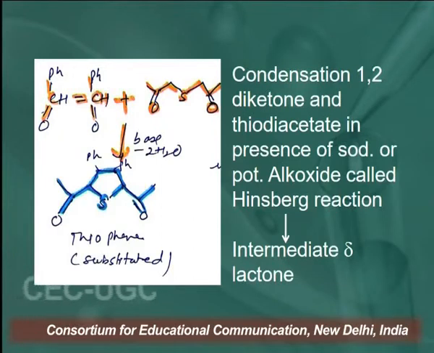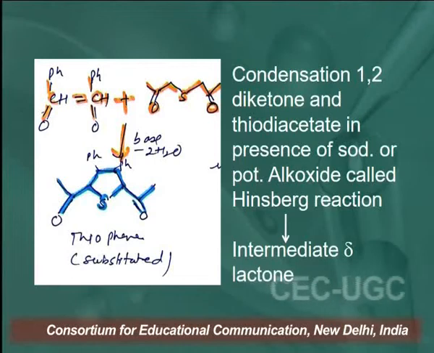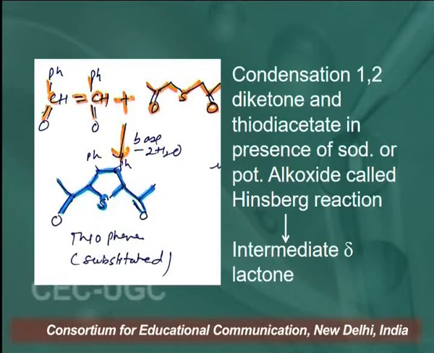So, in this reaction you can see condensation of 1,2 diketones with thiodiacetate. The reaction takes place in presence of sodium or potassium alkoxide, and is called the Hinsberg method.